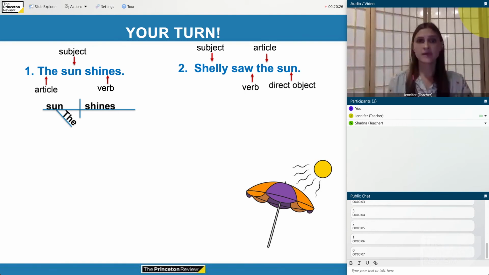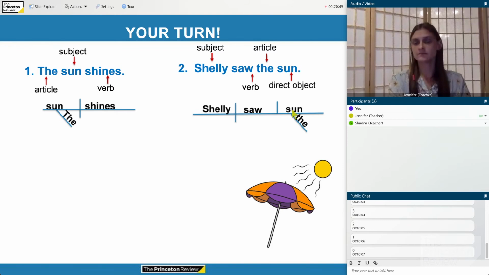So don't assume that any sentence with 3 or more words is automatically including an object, because that's not necessarily the case. All right, let's take a look at what this diagram looks like. And here we have our subject, Shelley, verb saw, and then beneath the word sun, the article here, and the direct object.